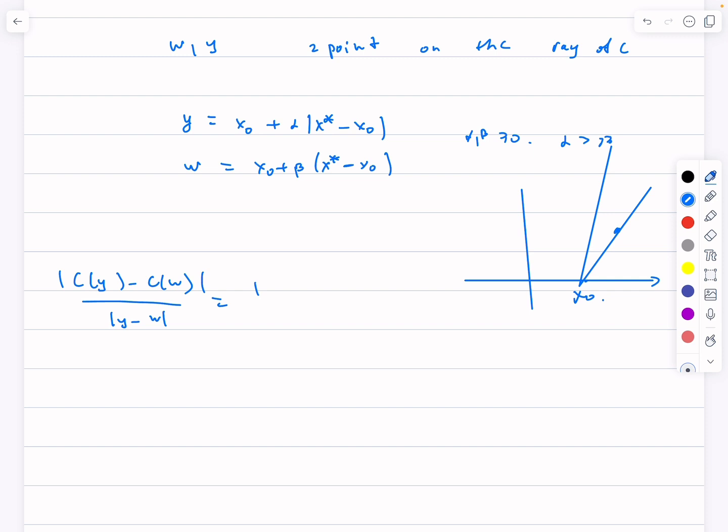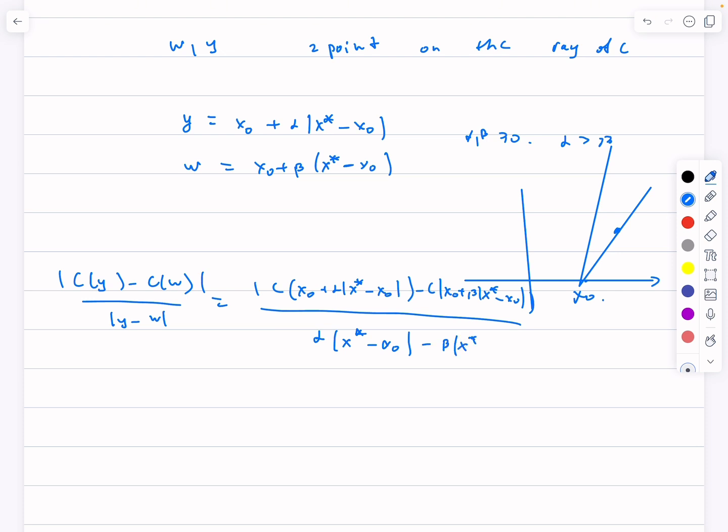The absolute value of C(x0 plus alpha times x star minus x0) minus C(x0 plus beta times x star minus x0), divided by the absolute value of alpha times x star minus x0 minus beta times x star minus x0.